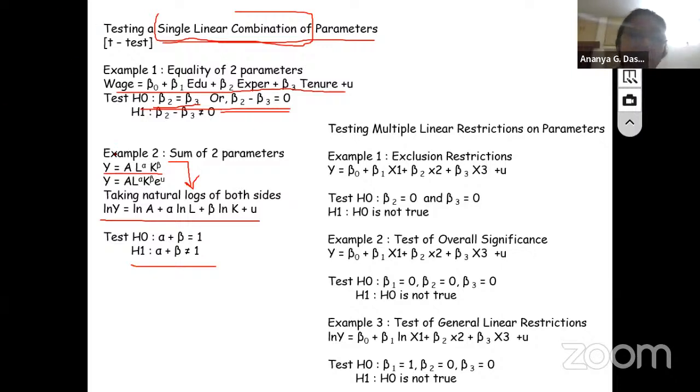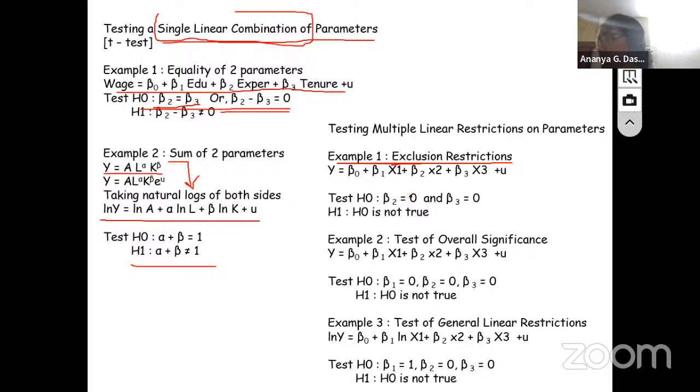Okay. Now, the other kind of test that you can do are what we call, well, they're actually called exclusion restrictions. Okay. Now, an exclusion restriction is when we say, suppose we were to drop x2 and x3 from this model, right?